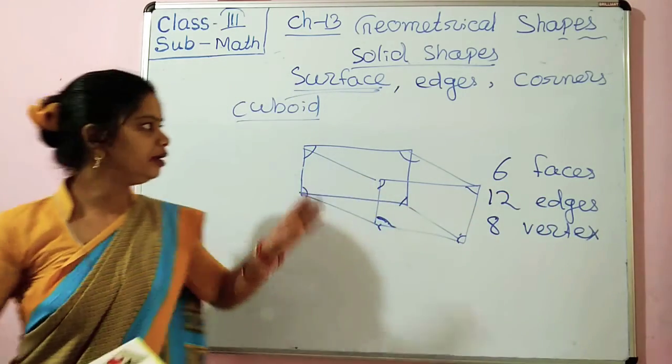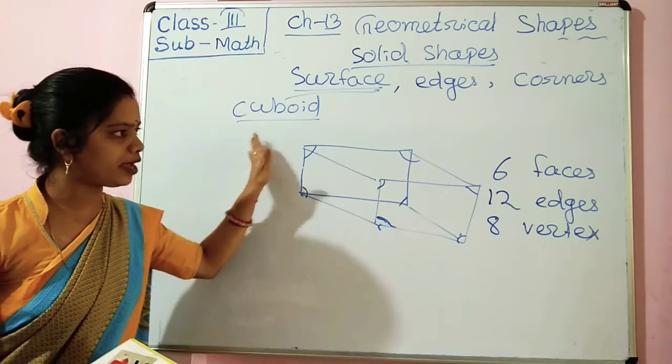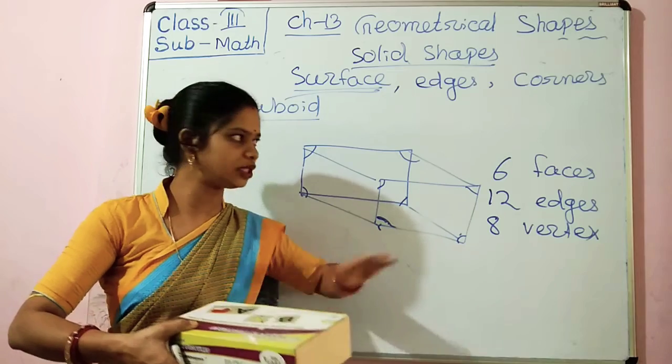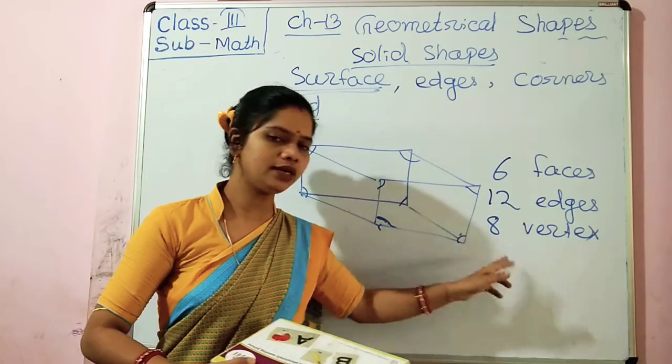All of you remember, a cuboid has 6 flat faces, 12 edges and 8 vertices.